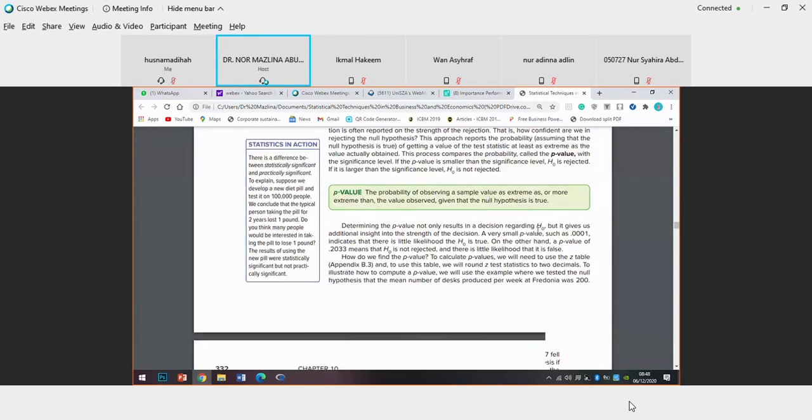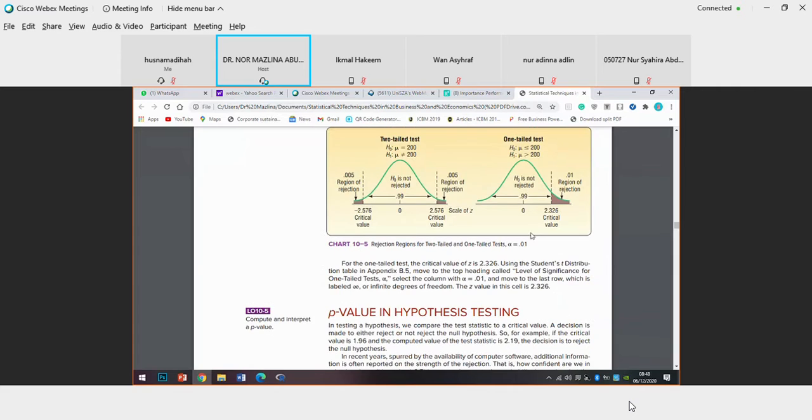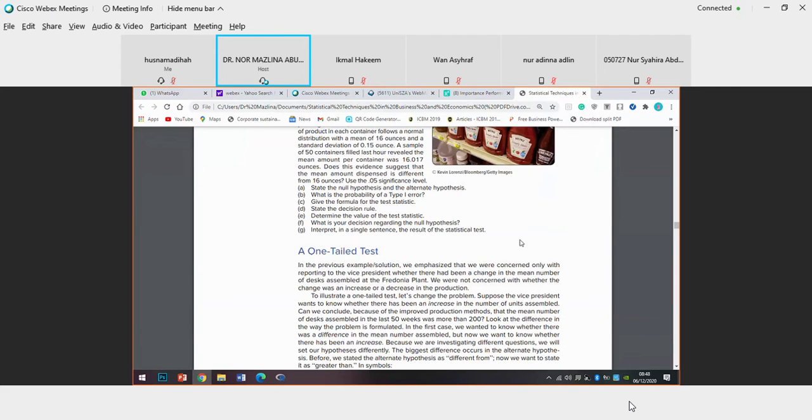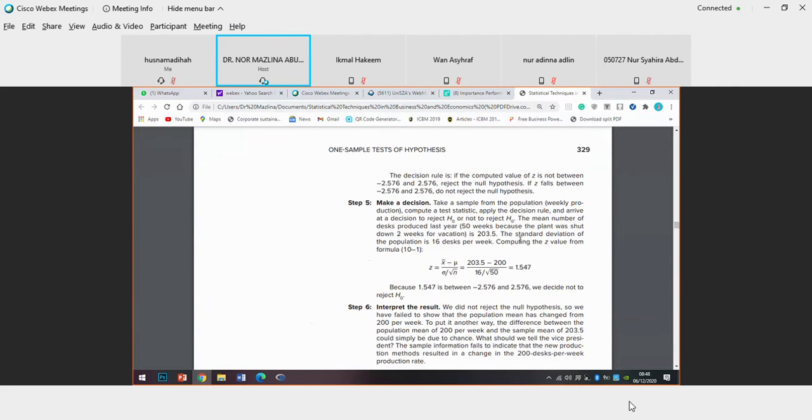So when you derive your answers, the critical value will be different. The Z you calculate is the same, right? Z is 1.547.